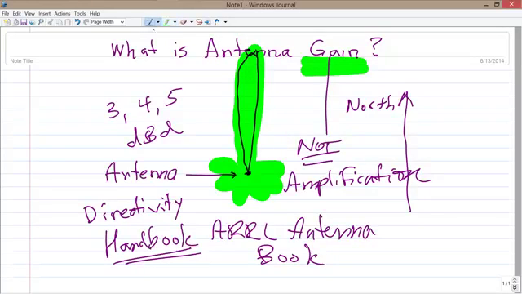You get more effective radiated power, but the effective radiated power, or ERP, is the power that your transmitter would have to have if you had an omnidirectional antenna and it was generating all that power in every direction.